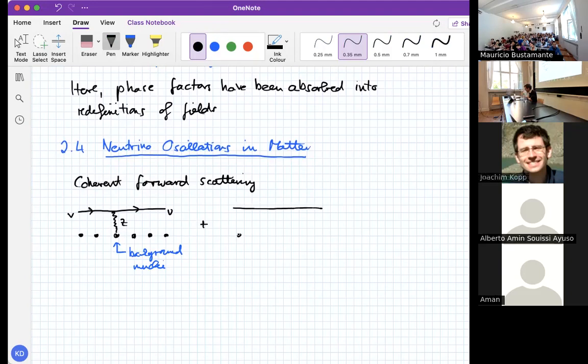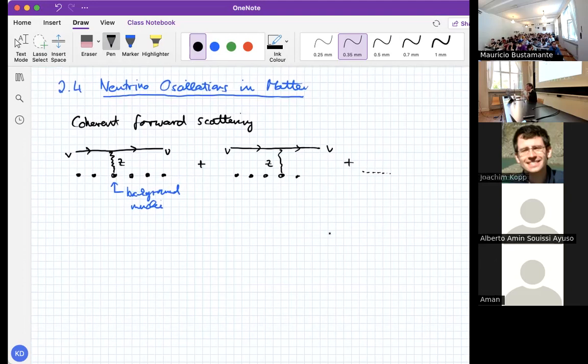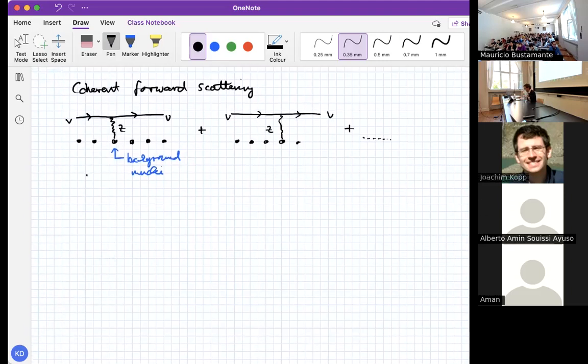So I sum over the interaction here with the third of these nuclei, plus there's a diagram where the Z boson is exchanged with the fourth nucleus, and so on. And because I'm summing coherently over all the nuclei that the neutrino encounters along its way, this can lead to a huge enhancement factor. And therefore, these effects can, in fact, be phenomenologically relevant.